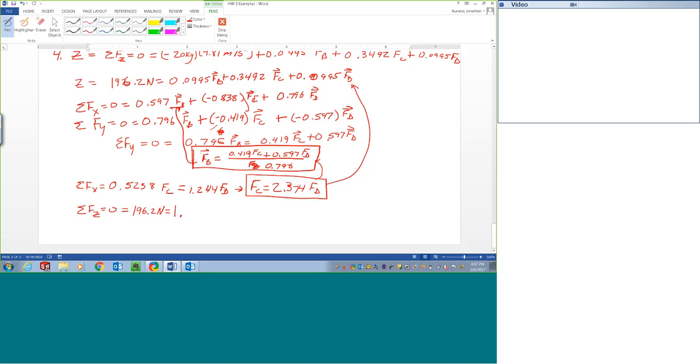when I substitute these values into the Z direction, I found that equals 1.127 FD. So FD equaled 174 newtons.